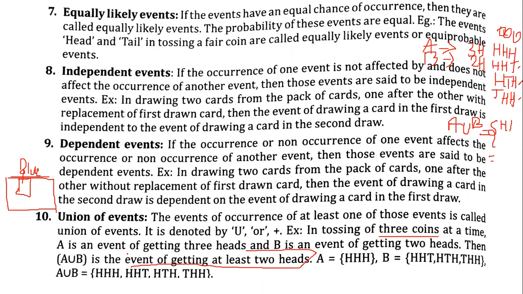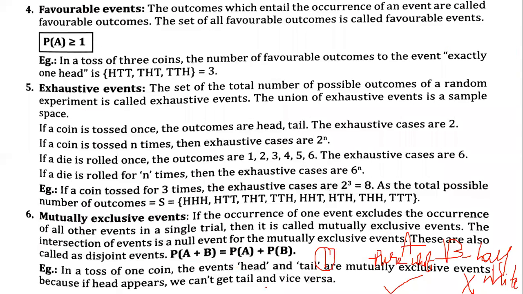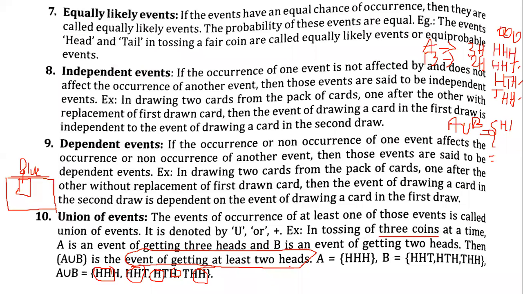At least means minimum 2 heads you should get. So if you see this A union B, there are minimum 2 heads in each. So this is called the at least feature that we will be adding to the union of events. The minimum number of heads here will be 2.